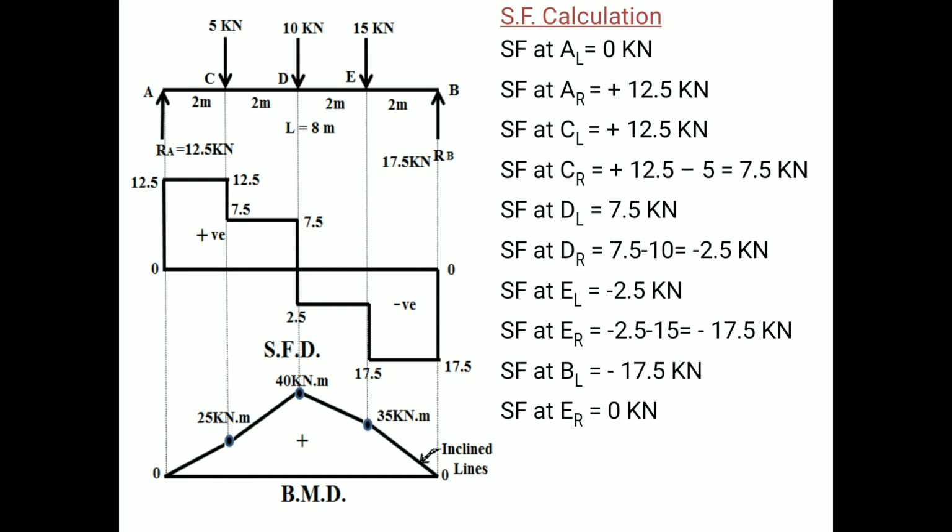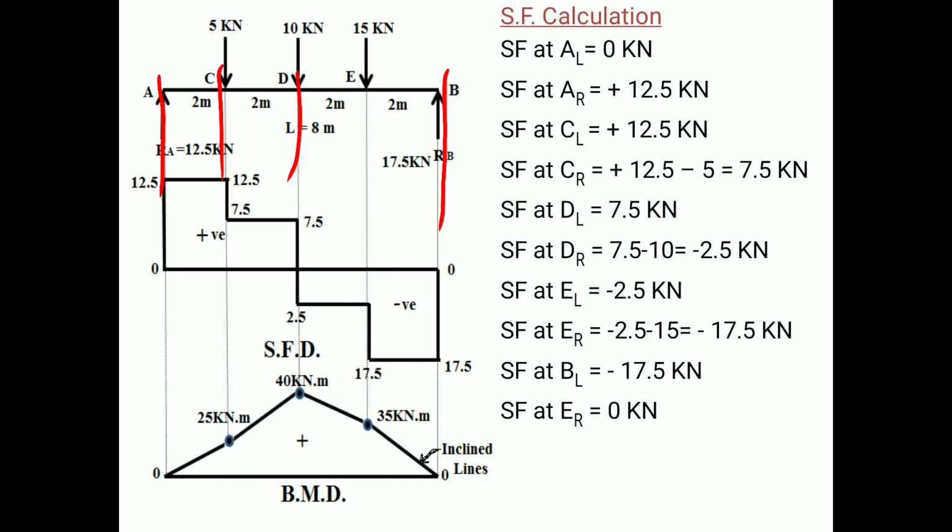Remember that shear force at the end is always 0, and we have to calculate the value of shear force to the left and to the right of where that force is acting. So from this diagram, at points A, B, C, D, E, the force is acting in vertical direction.